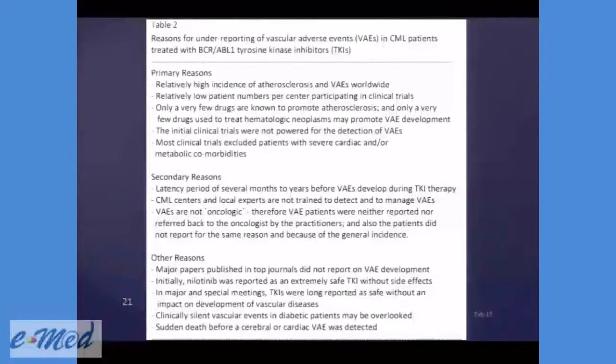Furthermore, vascular adverse events are not regarded as an oncological side effect, and thus might be underreported. And last but not least, these adverse effects are underreported since the latency period between the initiation of treatment and the development of vascular events is relatively long.